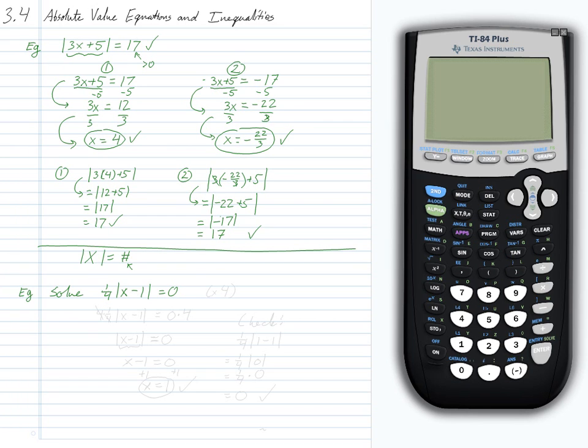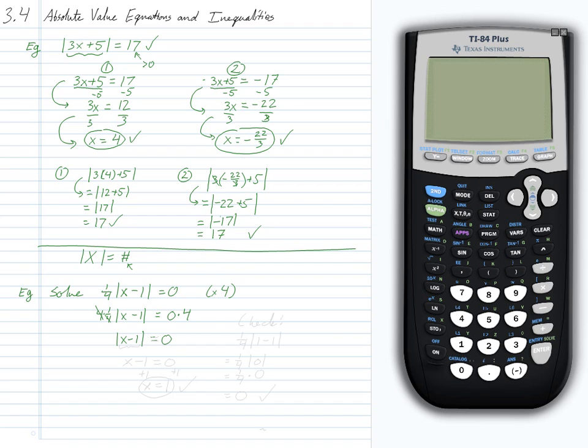Well, right now I have 1/4 times the absolute value equals 0. So I'll multiply both sides by 4 to cancel that 1/4. So on the left-hand side I have 4 times 1/4 times the absolute value of x minus 1. And on the right I have 0 times 4. So the 4 and the 1/4 cancel. I'm left with the absolute value of x minus 1. And on the right, I'm left with 0.